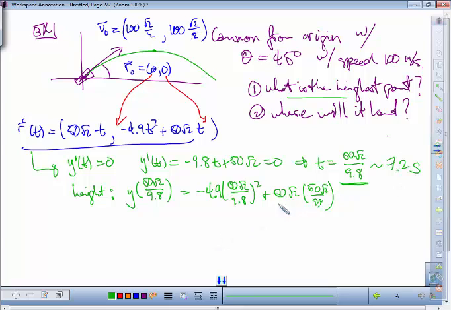Or you can put 7.2, I suppose. And then whatever this turns out to be will be your answer in meters. Maybe you should just put a 7.2 there.